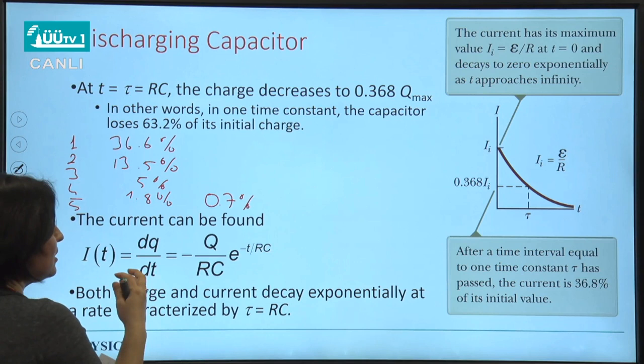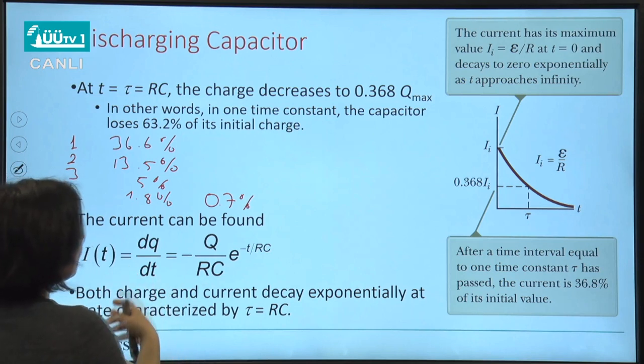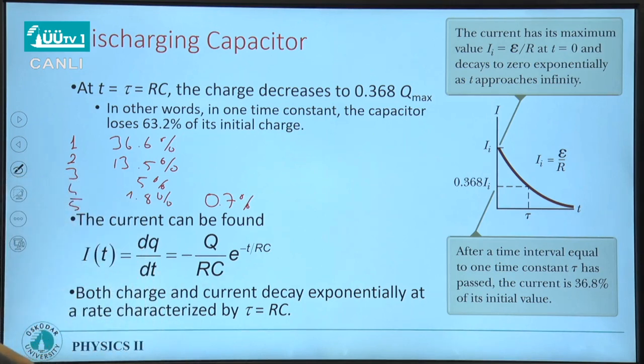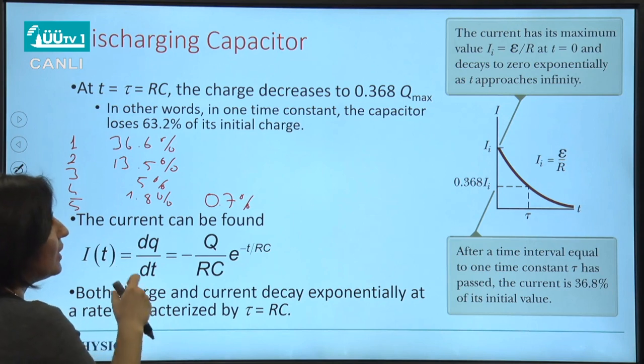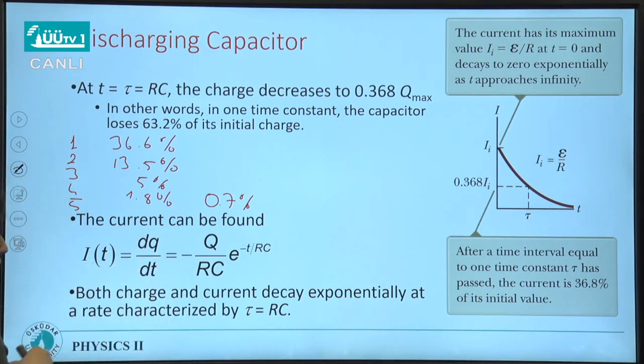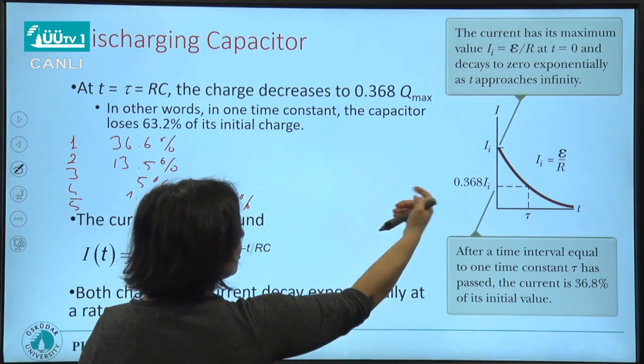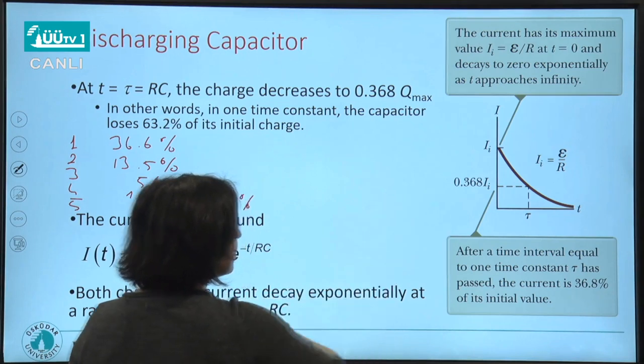So the time of discharging is 5 tau. We will assume it, and we will have an experiment about this subject in the laboratory, and we will assume 5 tau is the charging and discharging time of the capacitor. If we draw the graph with these values, you will have another exponential graph.